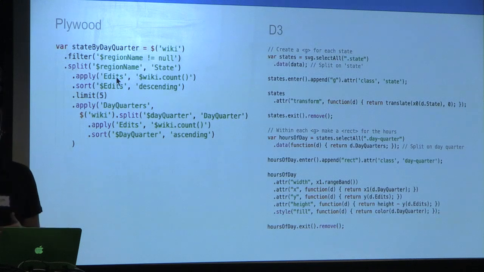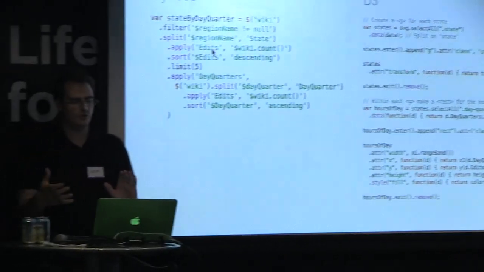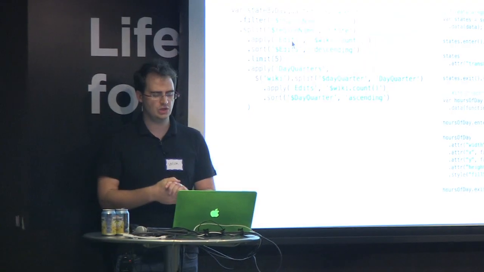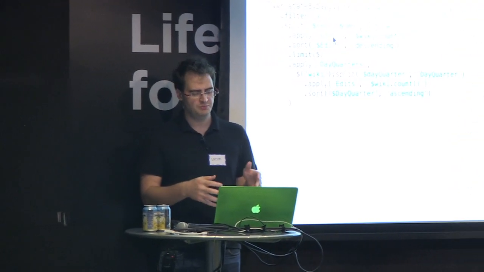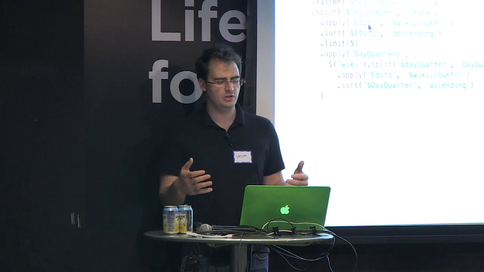The advantage with Plywood is that it deals with generating the query for you under the hood. So you can think of it as working with d3.nest, but under the hood, it can interface with a database completely opaquely to you. You don't have to care about that.